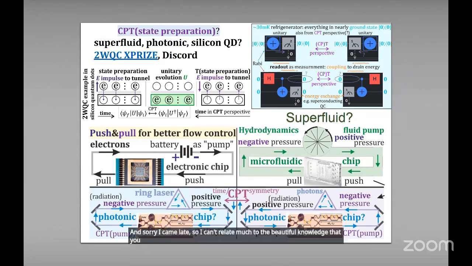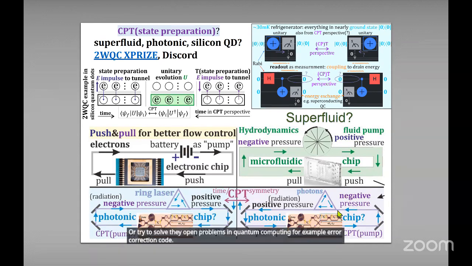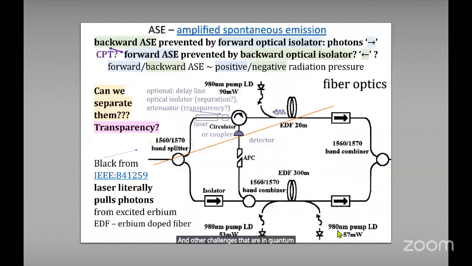But my wonder is, with all these nice theoretical developments, can you, or maybe you did, try to solve the open problems in quantum computing, for example, error correction codes and other challenges that are in quantum computing today?